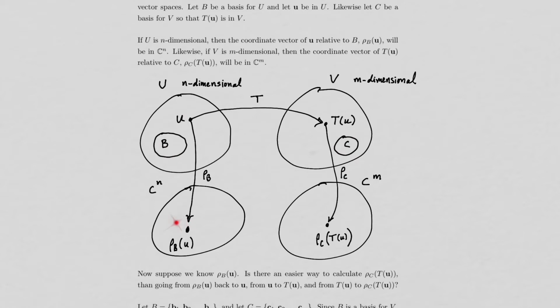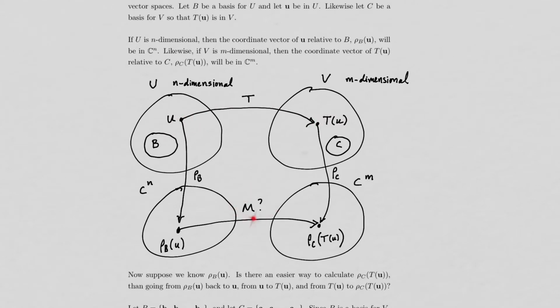And now, if we can connect the coordinate vector of u relative to B by some transformation from Cn to Cm over to the coordinate vector of T of u relative to C, then we would have a connection from u down to this coordinate vector over to this one, back up to T of u, which we could use to get from u to T of u instead of going through T itself.